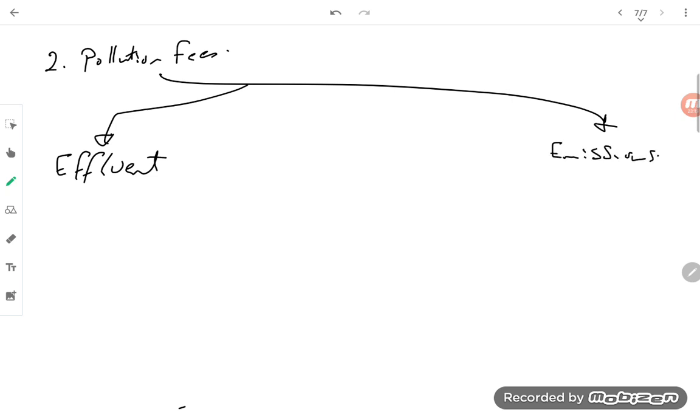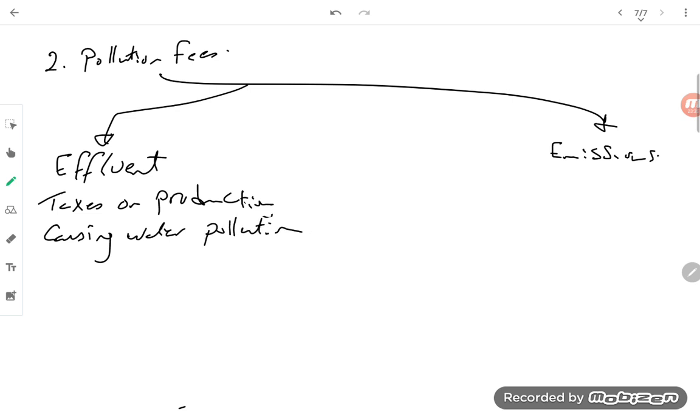They are somehow like taxes on production causing water pollution, while emissions are taxes on production causing air pollution.